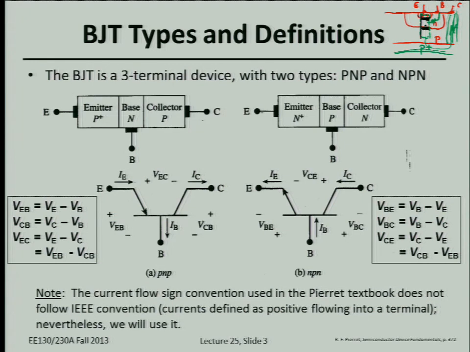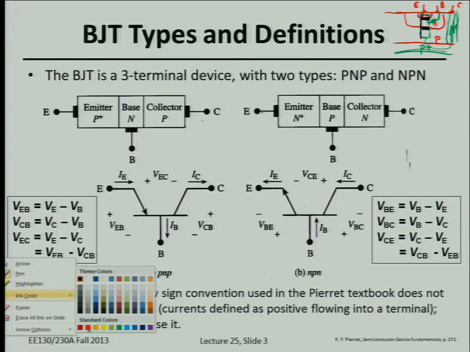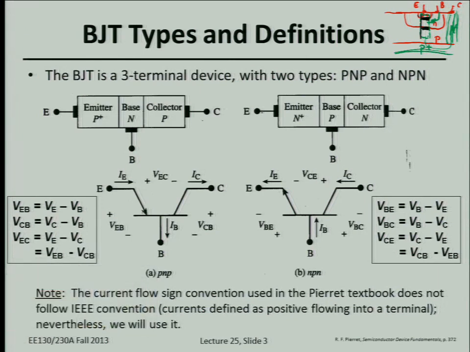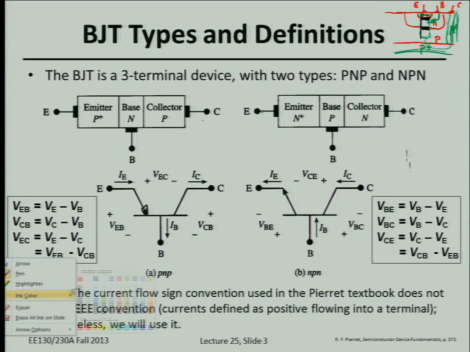Okay, these are the circuit symbols, just to illustrate. If we want to draw a transistor operating in a circuit, we usually use a circuit symbol. The way you delineate an emitter is with this arrow. The arrow indicates the emitter junction.